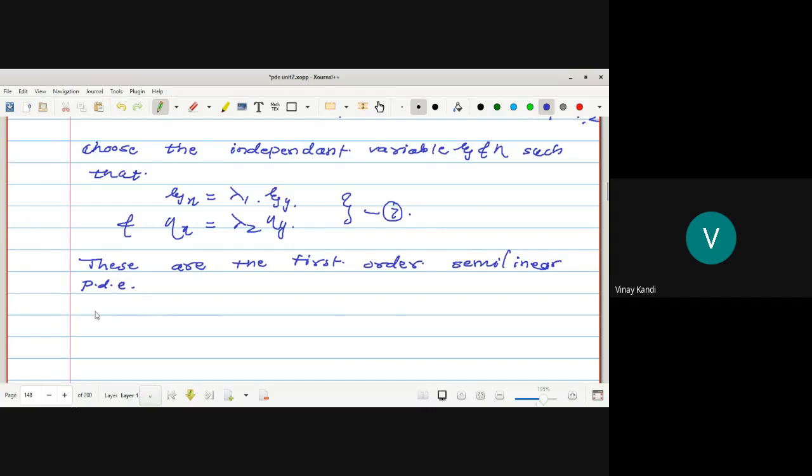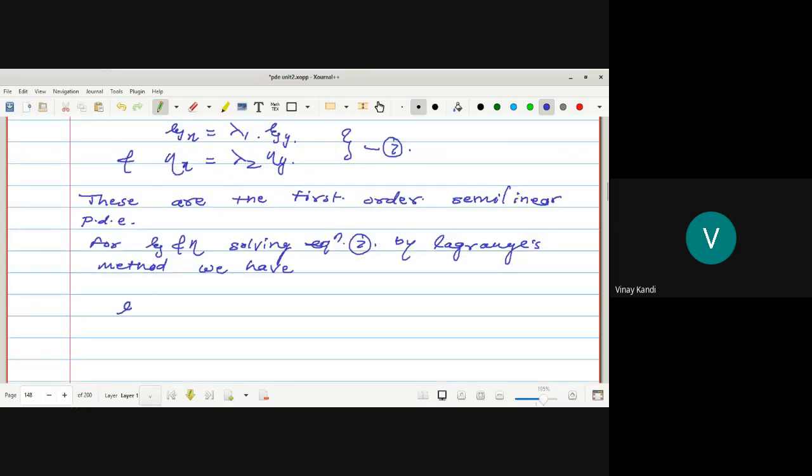And for xi, solving equation 7 by Lagrange's method, we have xi x minus lambda 1 xi y is equal to 0.